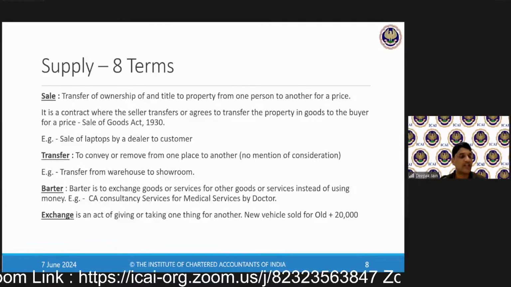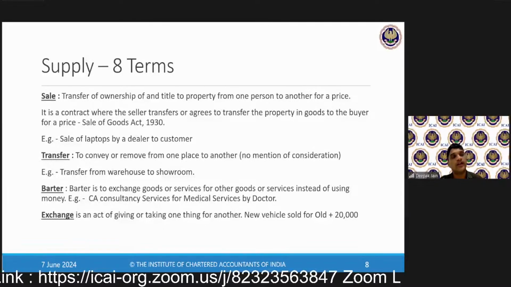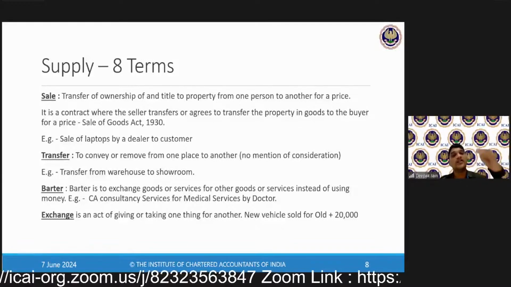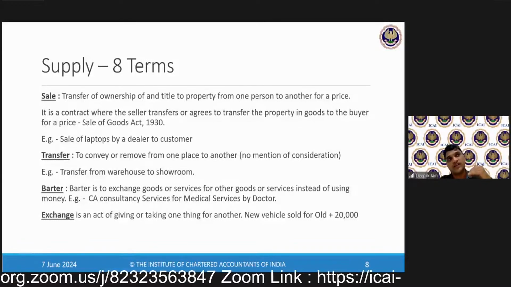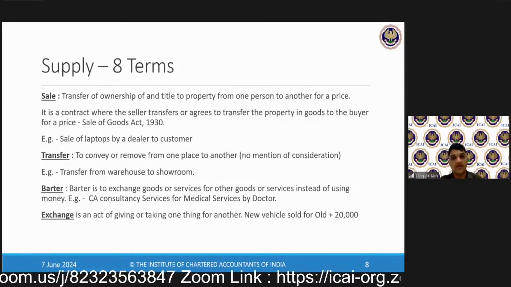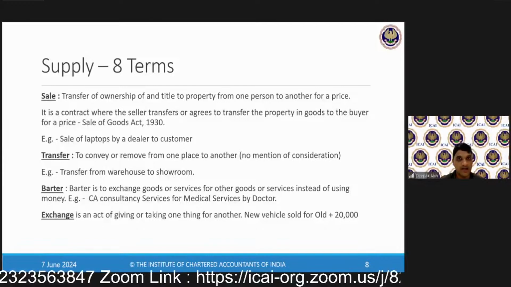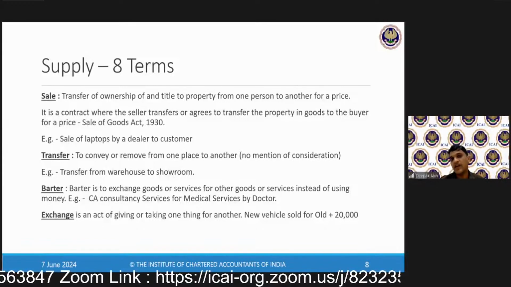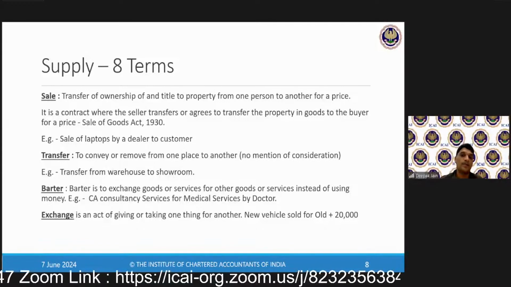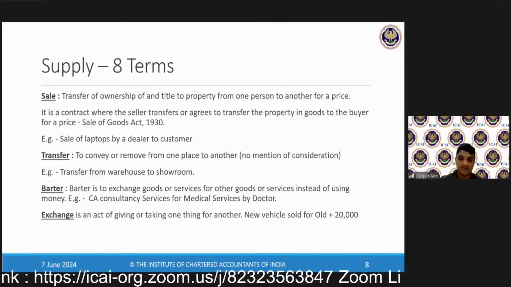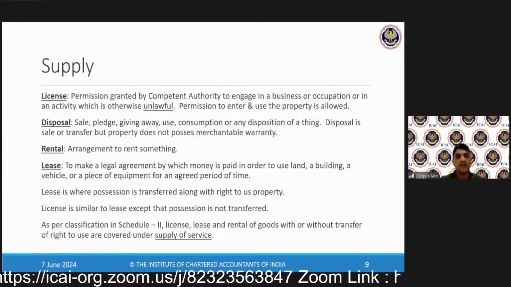For example, you are selling your old vehicle and getting your new vehicle, plus you're paying 2,000 rupees. If you are just giving an old vehicle and getting a new vehicle, that will come under barter. But if there is some additional consideration involved apart from the barter transaction, that is an example of exchange. Then license.